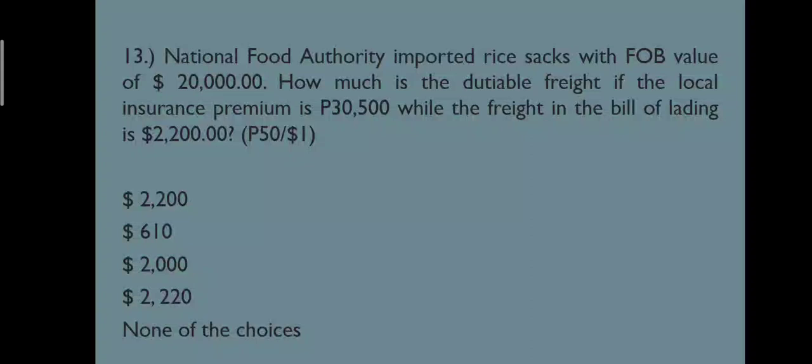Number 13. National Food Authority imported rice sacks with FOB value of $20,000. How much is the dutiable freight if the local insurance premium is 30,500 pesos while the freight in the bill of lading is $2,200 or 50 pesos to $1 equivalent.